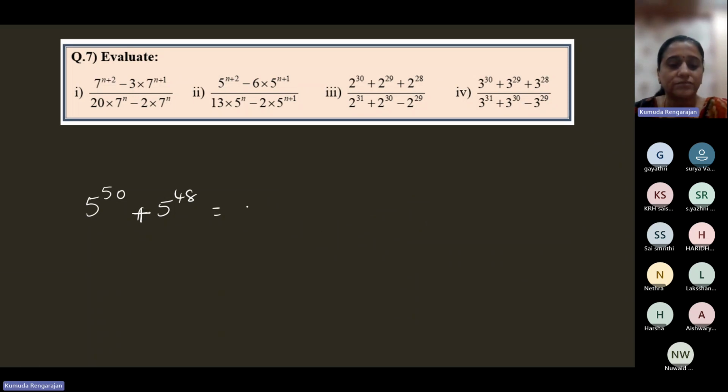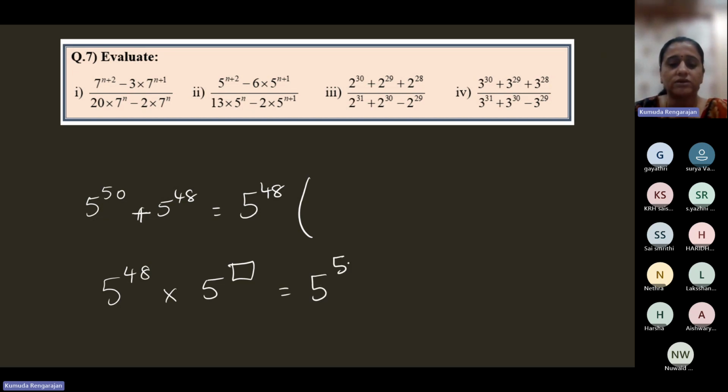Fill in the blanks. If you take 5 to the power 48 common, 5 to the power 48 into 5 to the power what will give you 5 to the power 50? Fill in the box.